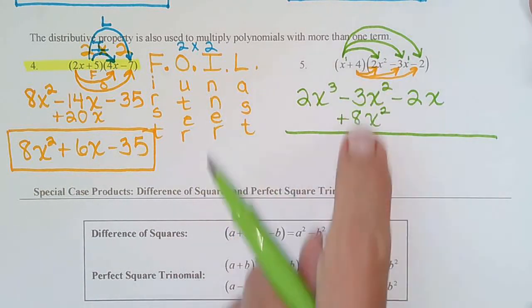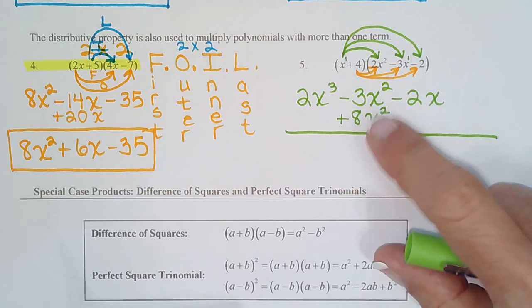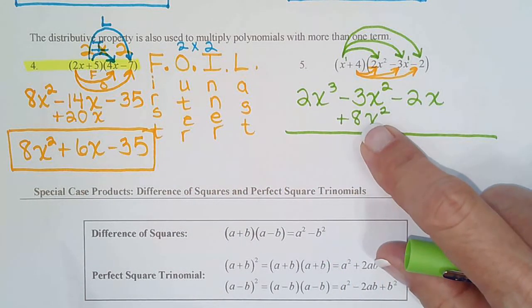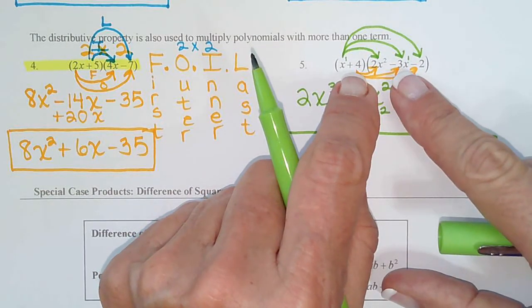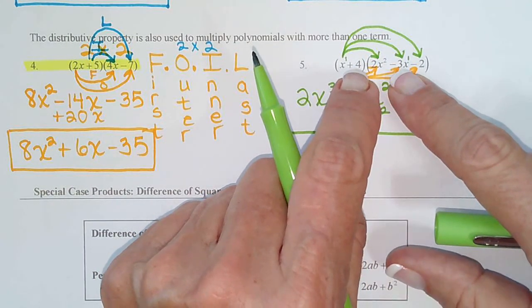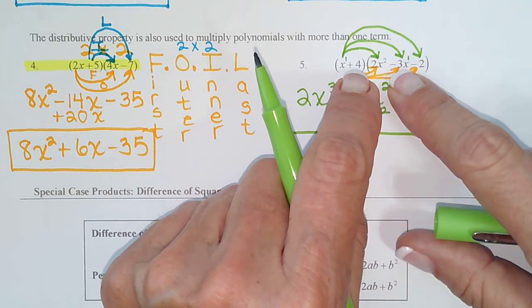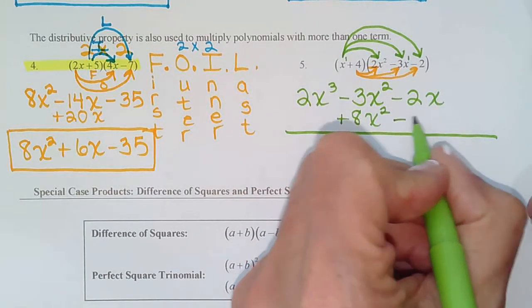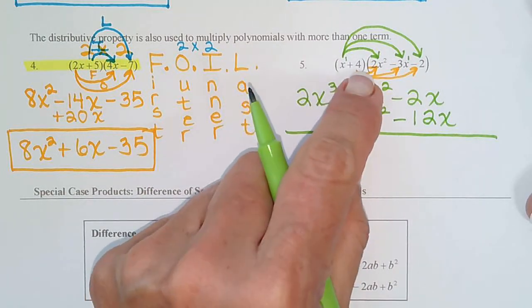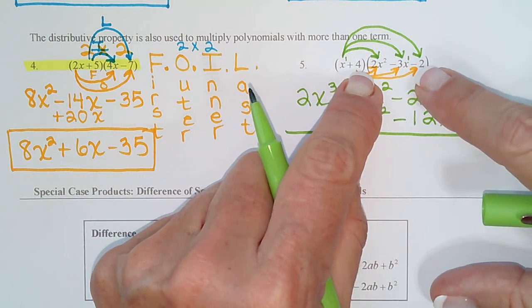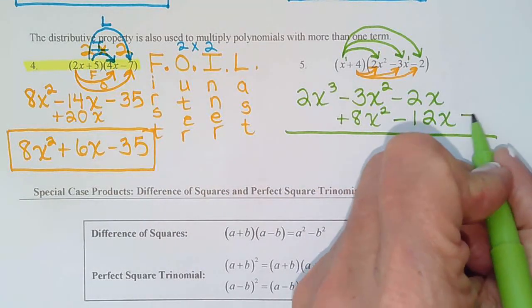So as you get like terms, just put them underneath each other. Remember, like terms mean they have the same variable, same exponent. And then positive 4 times negative 3x is negative 12x. So here's its like term. And then last, positive 4 times negative 2 is negative 8.